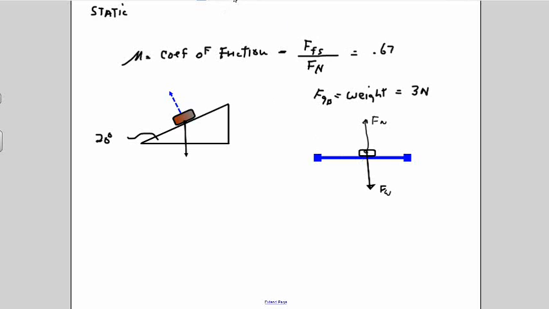Now, in my next picture, I'm going to take the ruler, but I'm going to start to tilt it up. I'll put the book back on there.